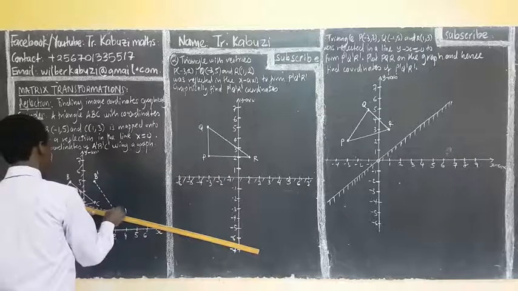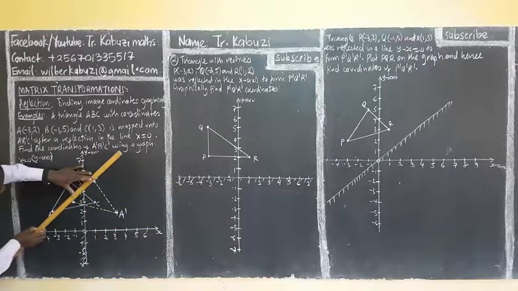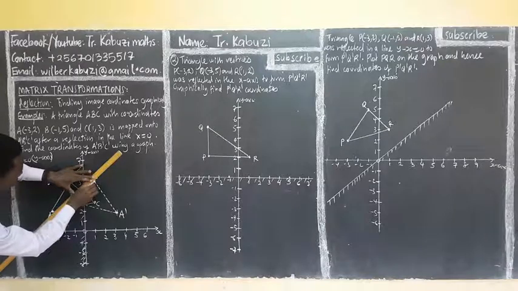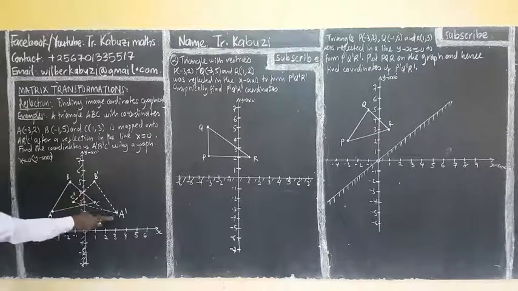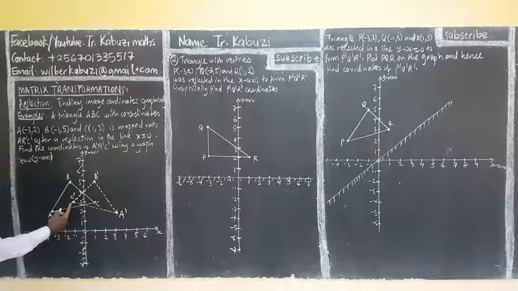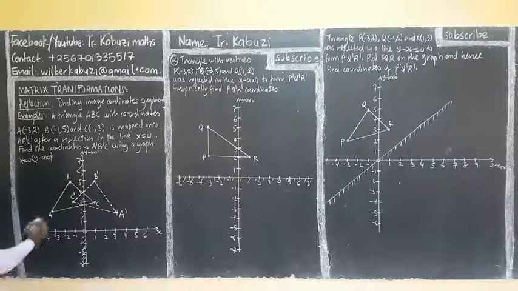I'm using this just to differentiate them so that you can see the image properly. So that is my triangle A prime, B prime, C prime. This vertex has been reflected to this side, this one to this side, and this one to this side. That's the reflection.